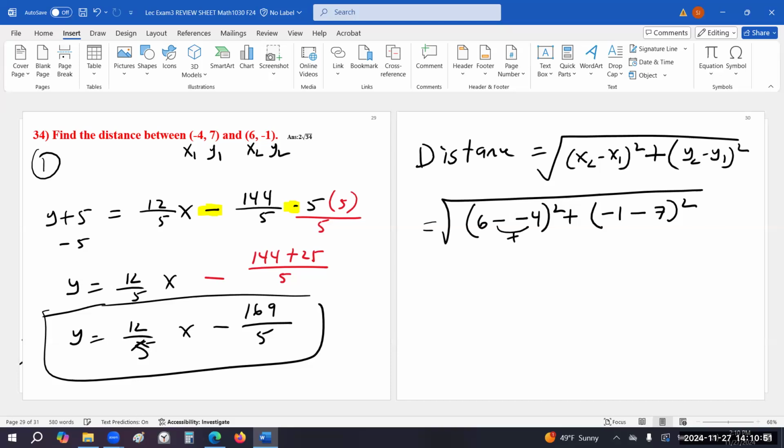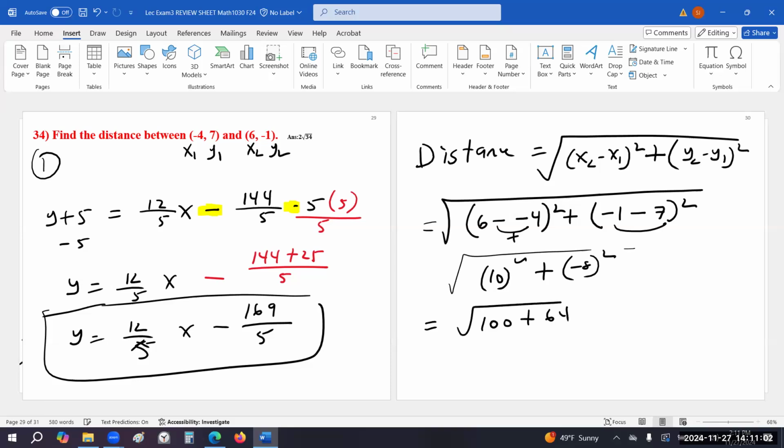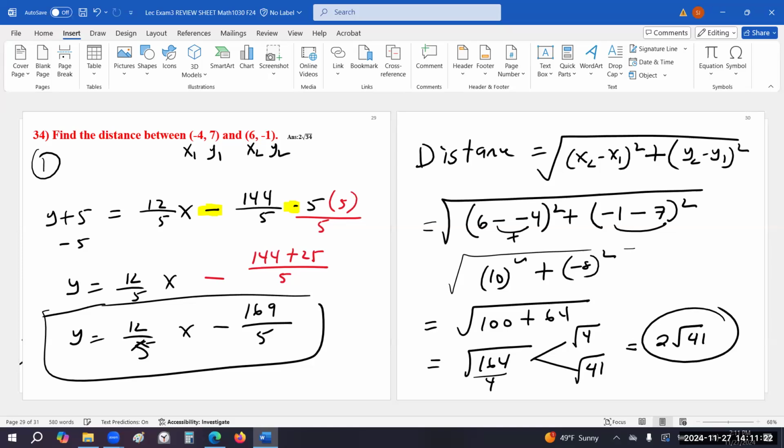That gives us 10 squared and negative 8 squared. 100 plus 64, 164. So 164 and 4, they are both divisible by 4. So I do 4 and 41. Square root of 4, square root of 41. That gives us 2 square root of 41.